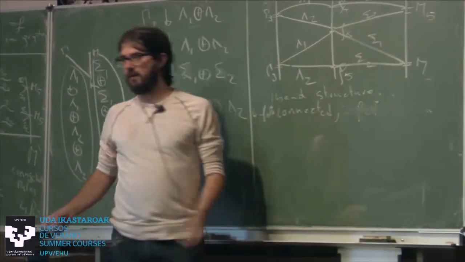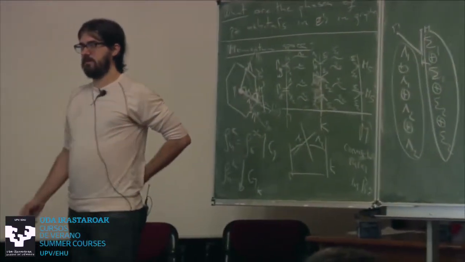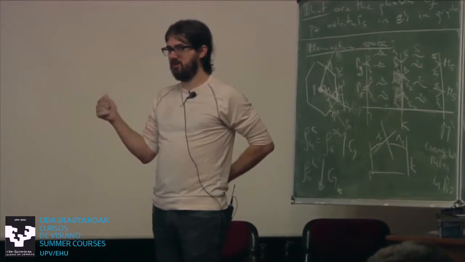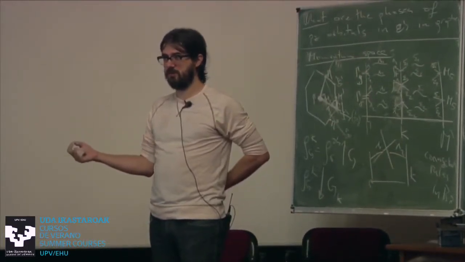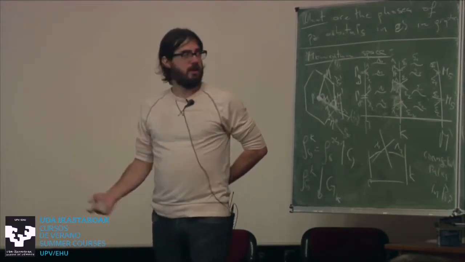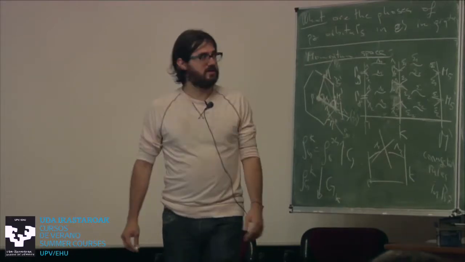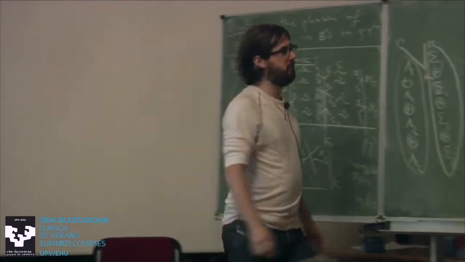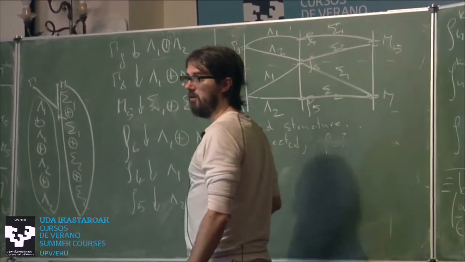But how many electrons per unit cell does graphene have? Each pz orbital has 1 electron, and there are 2 pz orbitals, so 2 electrons. So graphene has 2 electrons per unit cell. If bands are four-fold connected, where does the Fermi level sit? At 2 electrons per unit cell, the Fermi level sits somewhere here.